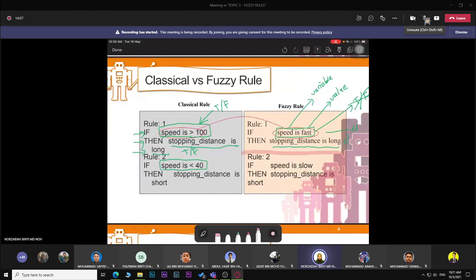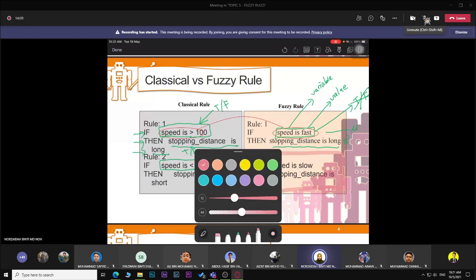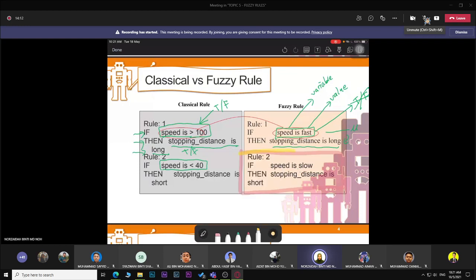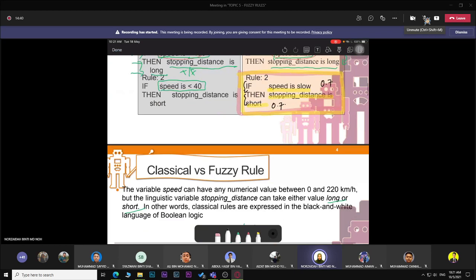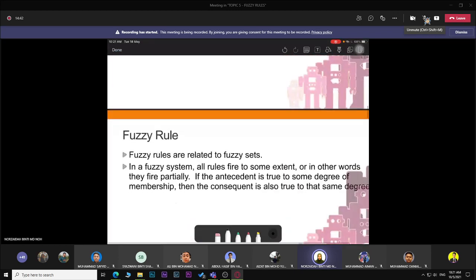If we are trying to fire this rule, if speed is slow with a degree of membership of, say, 0.7, the same value we will apply to stopping distance is short. It will get the same value of 0.7. Okay, so the same degree that you get from the if part, you will fire to the then part. Is it clear? That is how we fire fuzzy rules.